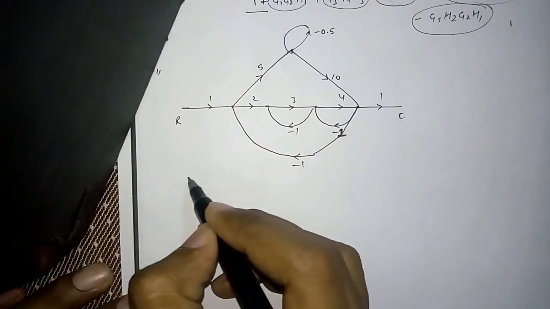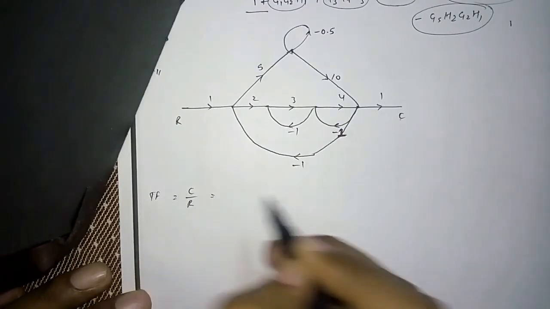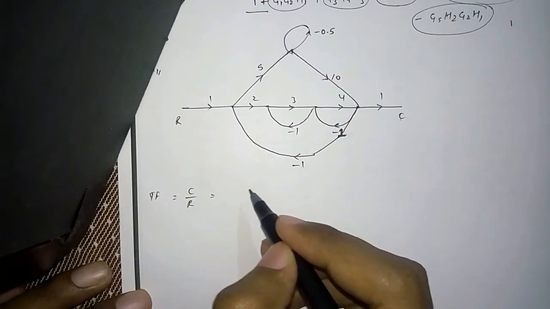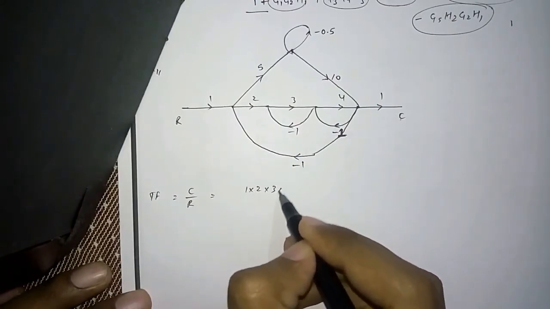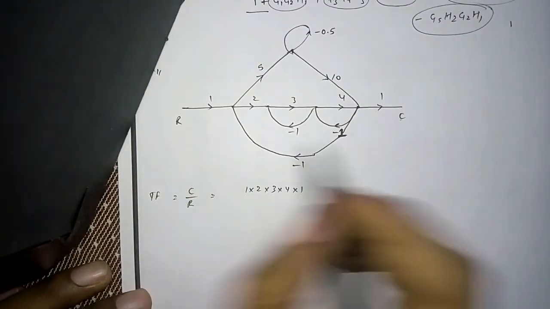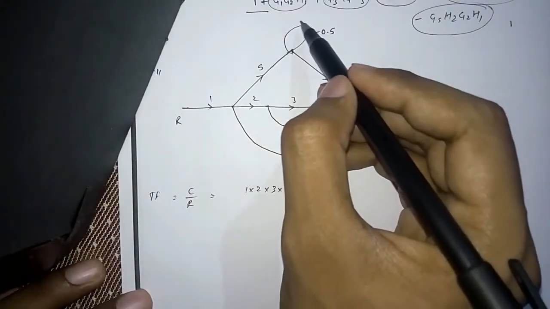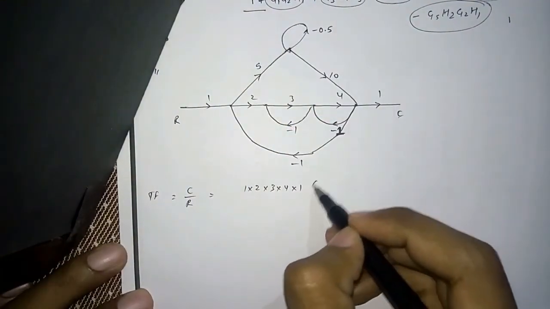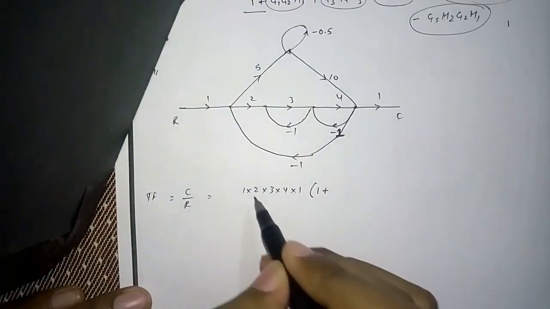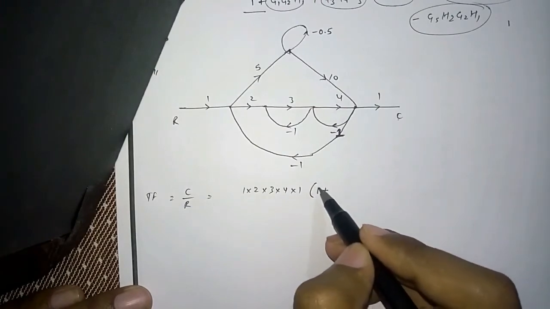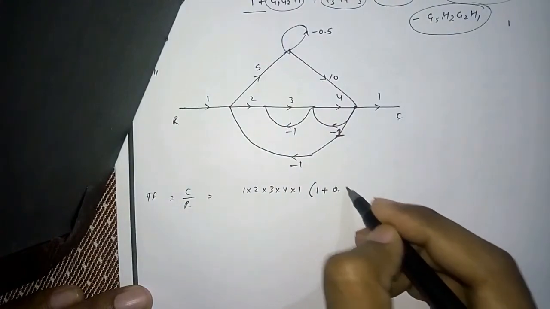So similarly, you see this is R. C by R is the transfer function. We have to write just the path gain as we did before. So 1 into 2 into 3 into 4 into 1 is the path gain of the first path. And this path is not touching this loop. So we have to write 1 plus the gain of this loop, 0.5.